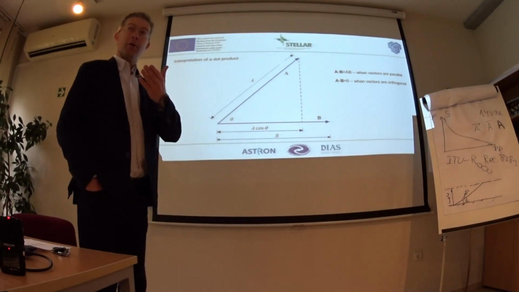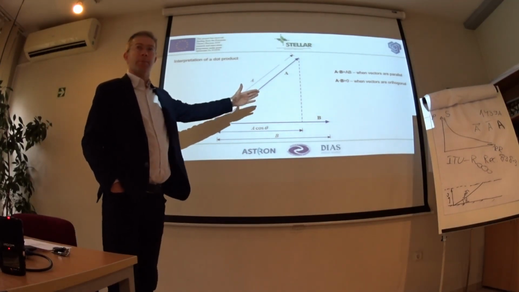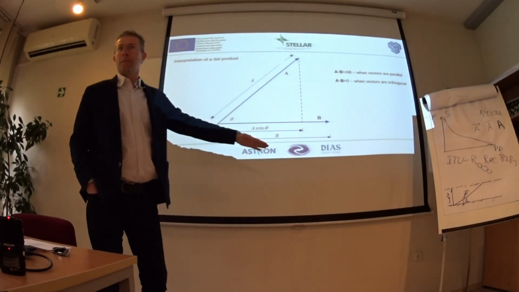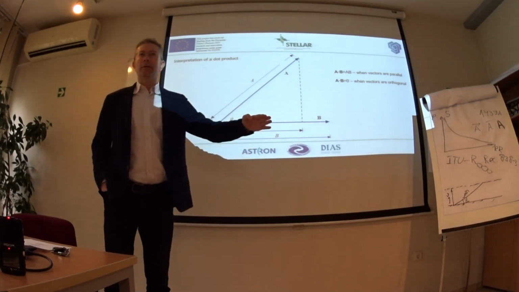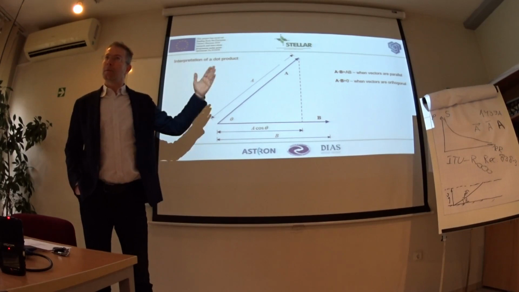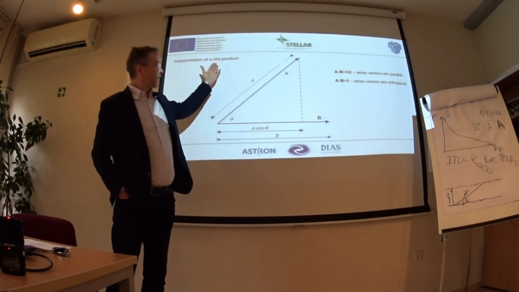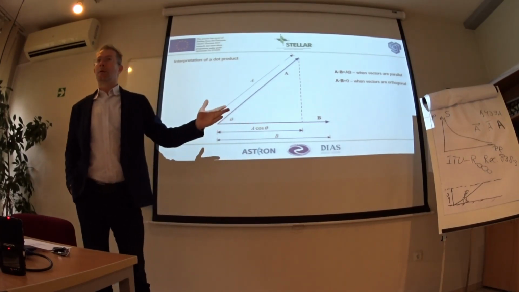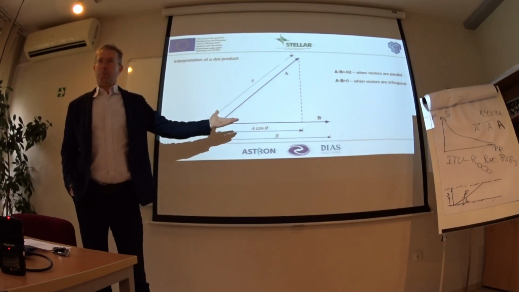And as the colleague said, this is the projection of A vector over the B vector. And you can see the immediate relation. If the A vector is orthogonal to B, this dot product is 0.